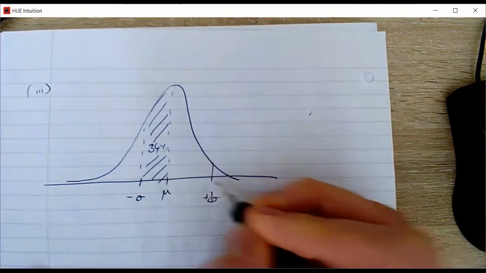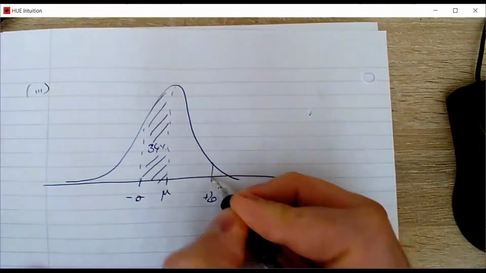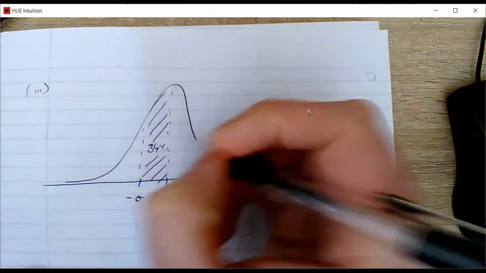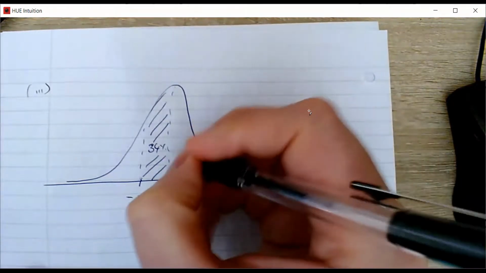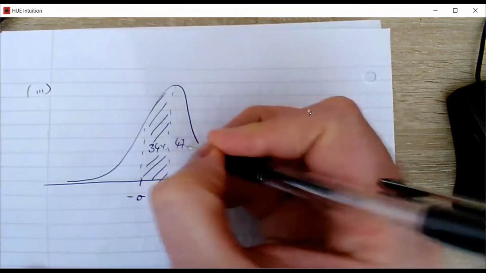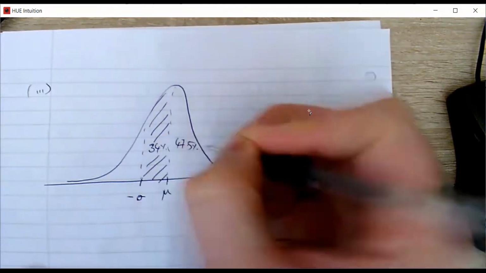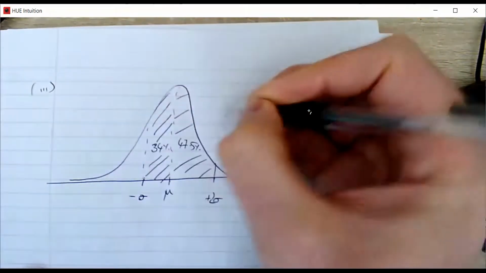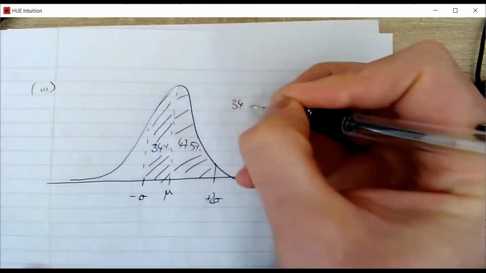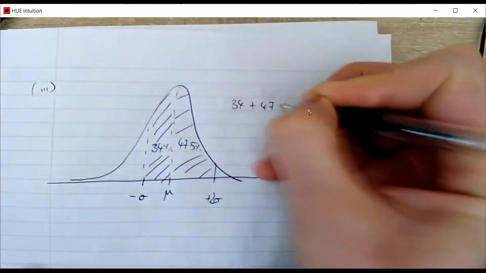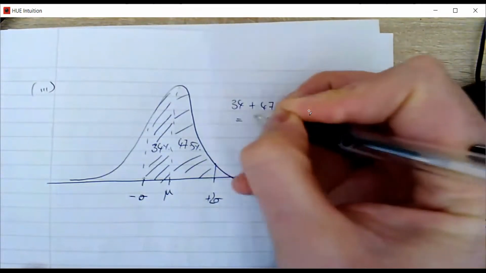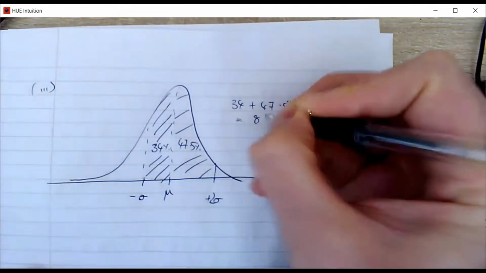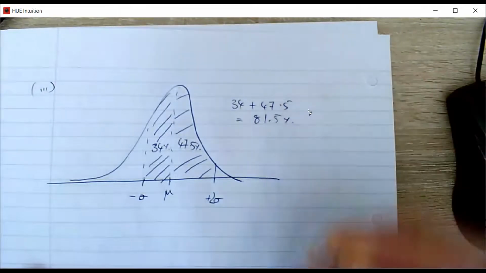And between our average value and 2 standard deviations, 95% is what our empirical rule says. We're looking at half of that, which is half of 95, 47.5%. So contained within this, you'll say 34% plus 47.5% is 81.5% of our data contained here.